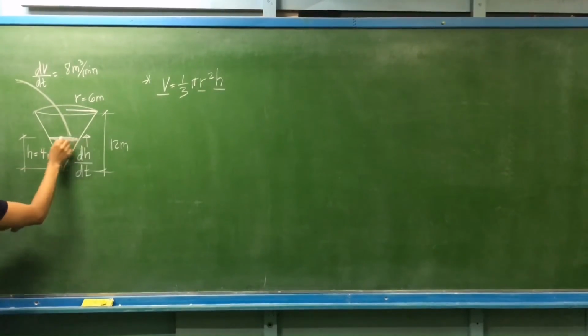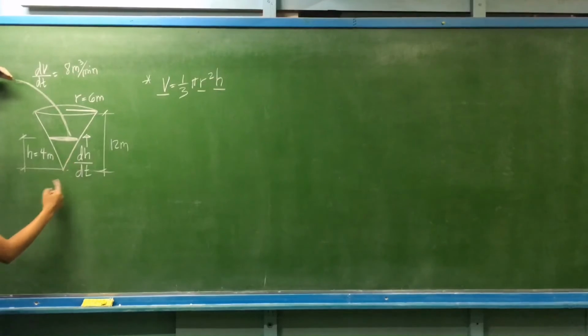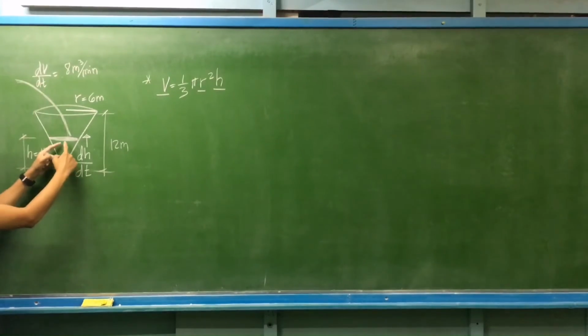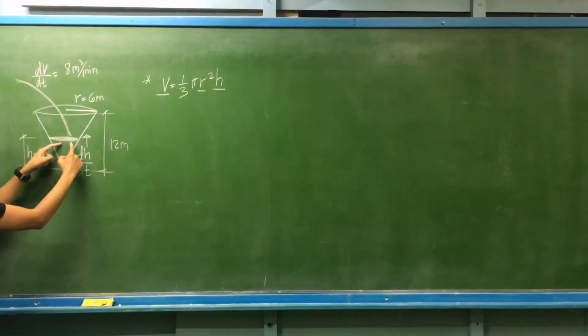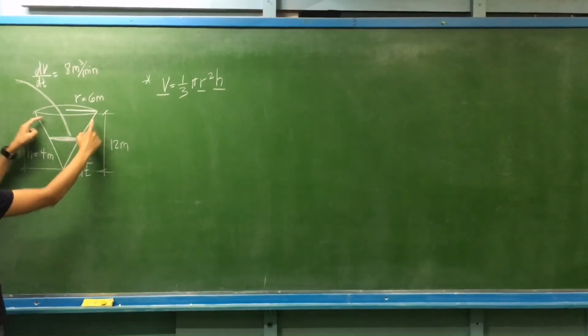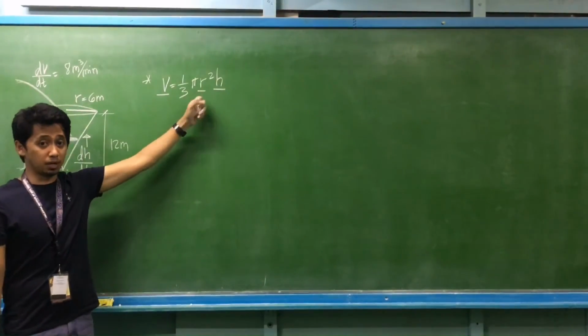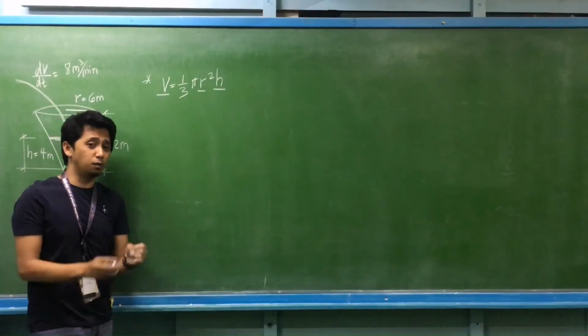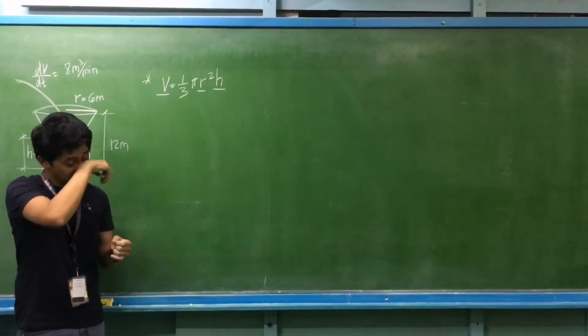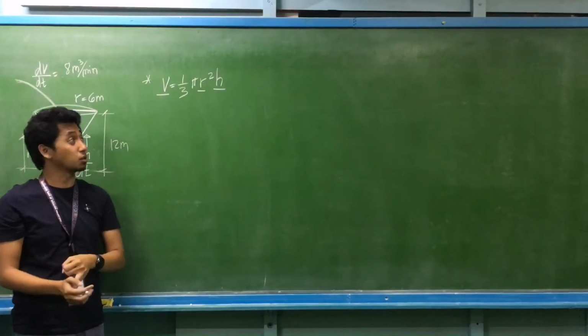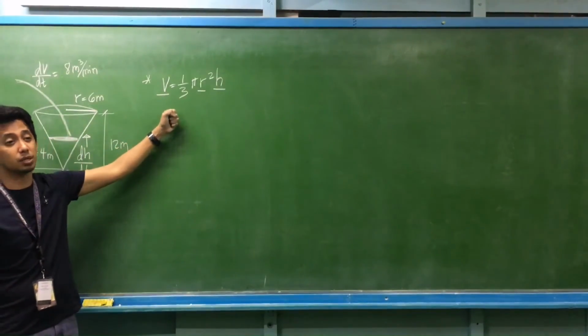Initially, ito yung surface ng tubig, pero as we add water, this surface of water will increase up to 6 meters. Which means that is also a variable. So you need to identify which is a variable or a constant in a given equation.